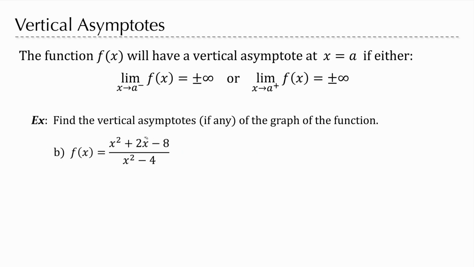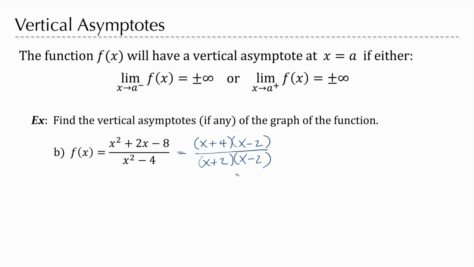Now, for our next example, we have another rational expression. So first things first, let's figure out where we divide by 0, but also whether it's non-removable. So what I'm going to do here is factor both the top and the bottom. So on the top, we're going to get x plus 4 and x minus 2. The bottom is a difference of squares, so we'll get an x plus 2 and an x minus 2. Now, like we did before, we do know that there are two discontinuities, right?